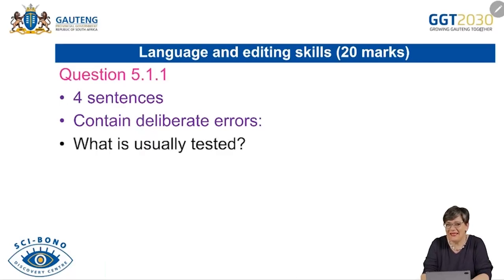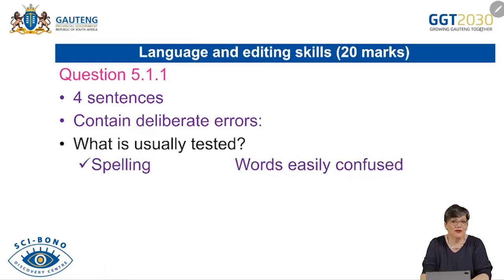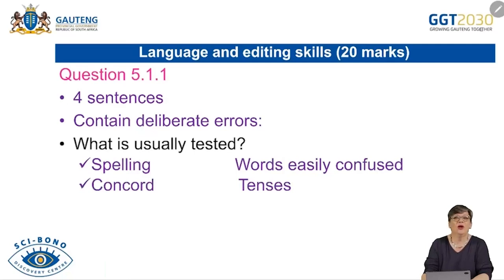We are focusing on words that have a spelling mistake. You might find words that are easily confused, like there and their and they're. We include errors with regard to concord and tenses. We might even include sentences that have an error with an apostrophe or a preposition. Now it's easy if you know what to look for.